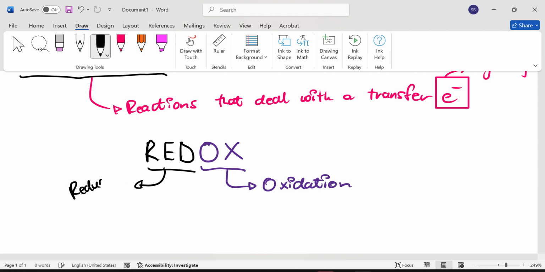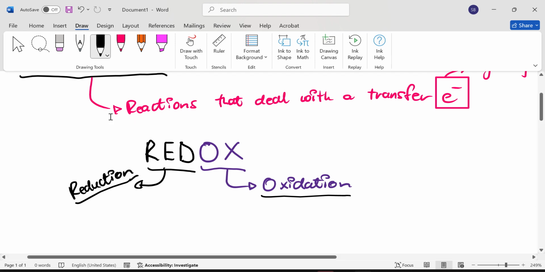Pretty sure it's starting to ring a bell for the grade 11s. Reduction and oxidation. So redox, like I said, I don't know if it's proper for me to say it's a compound word, but hey, what the heck? It is a compound word where the first three letters, RED, entail that you're talking about reduction, and the OX is oxidation.